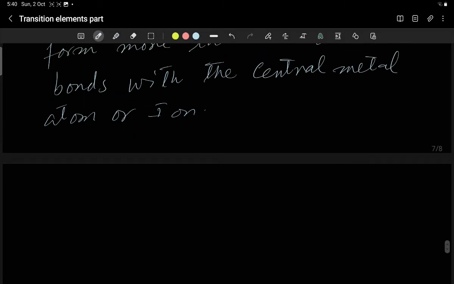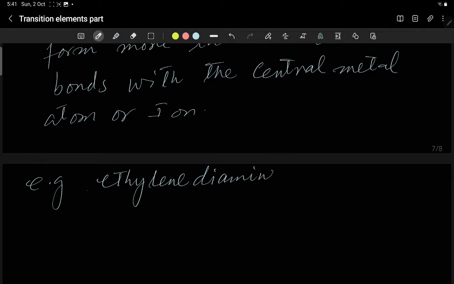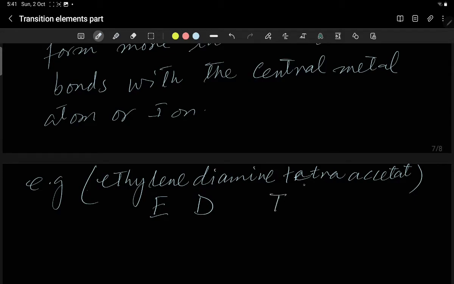For example, ethylenediaminetetraacetate; the short name is EDTA, with E for ethylene, D for diamine, T for tetra, and A for acetate.